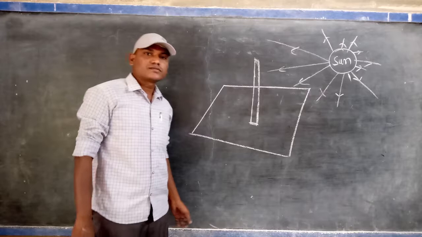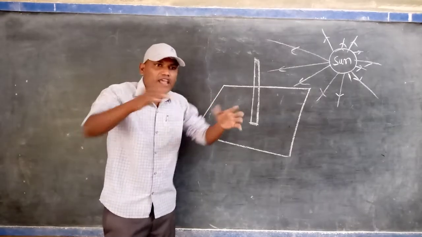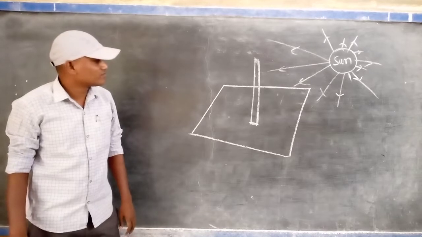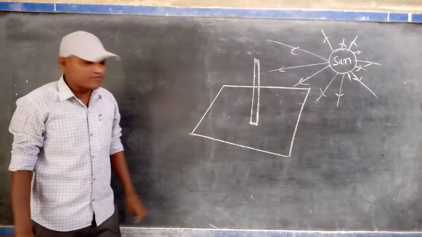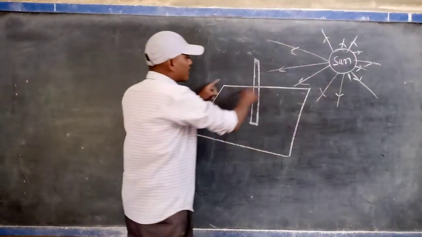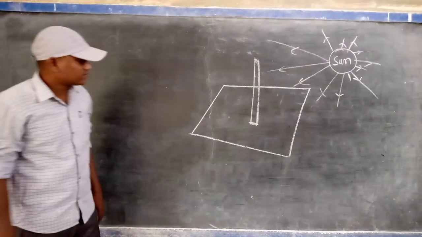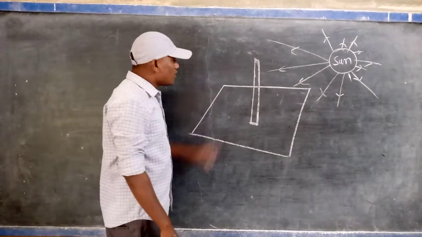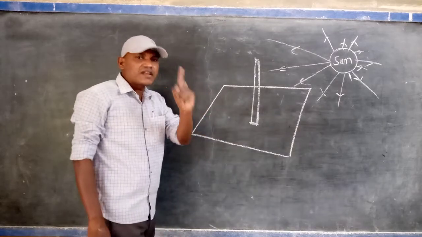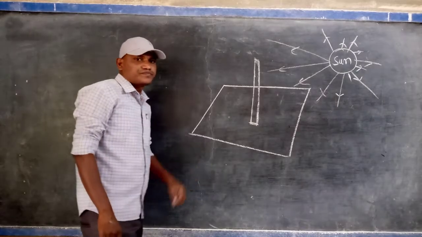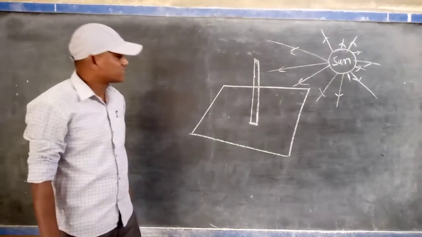First of all, we select an open agricultural field. In the open field we make a fence around a particular area. After that, we take a 1 meter length of a uniform wooden stick.